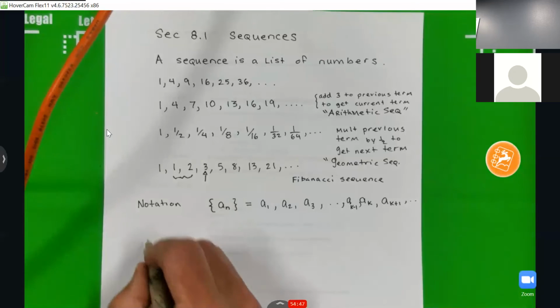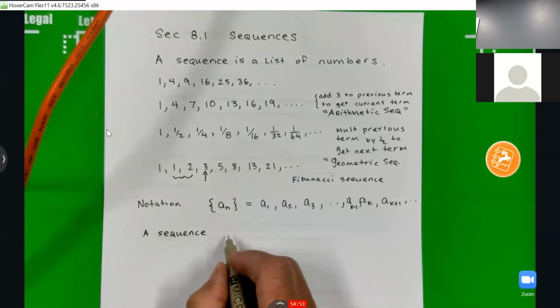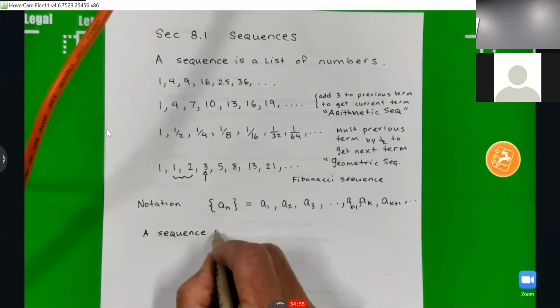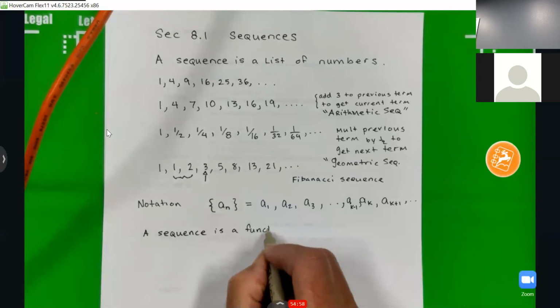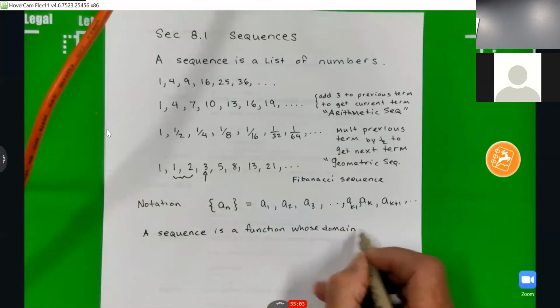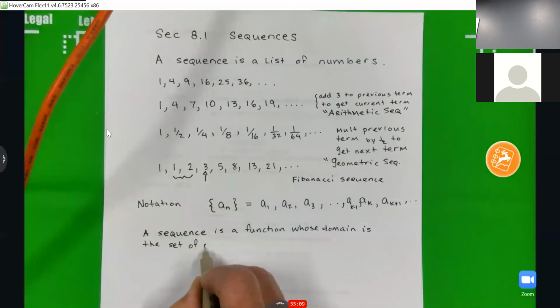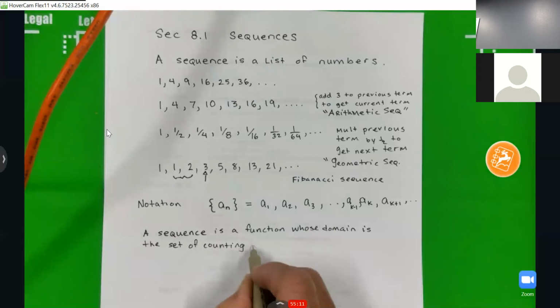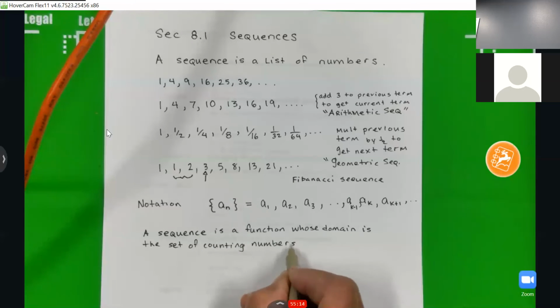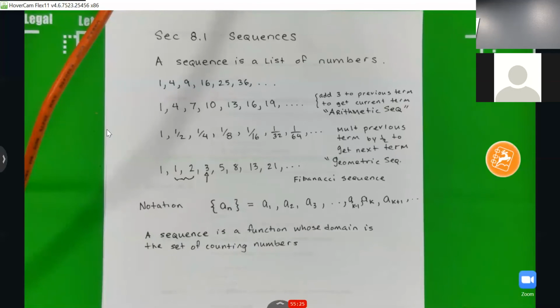So our more formal definition is that a sequence is a function whose domain is the set of counting numbers, that's the 1, 2, 3, and so on. That's the subscript. And sometimes we use 0 as the first one. So maybe I shouldn't say the counting numbers.